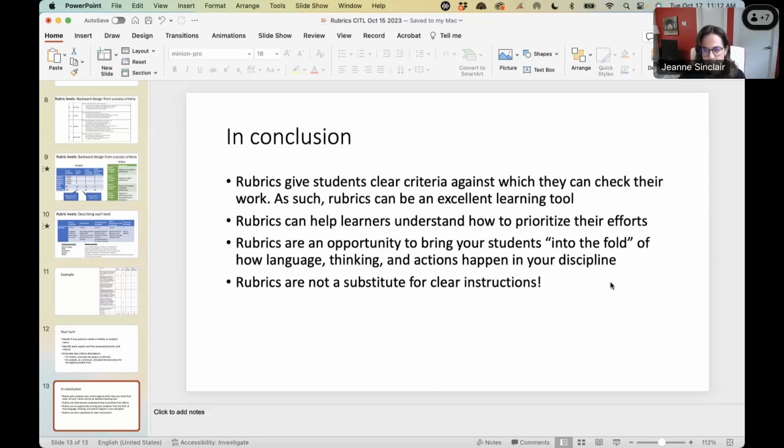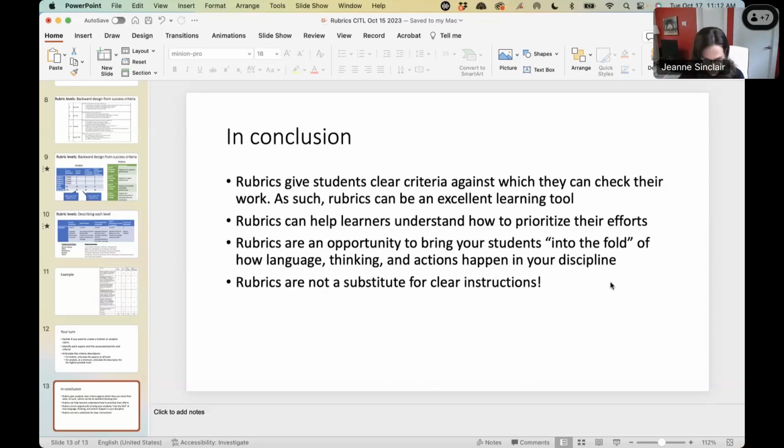Rubrics are democratic in that way, where they make everything clear, transparent, and upfront, and also provide an opportunity to learn how the discipline thinks, how the discipline does things, and how we talk to each other.